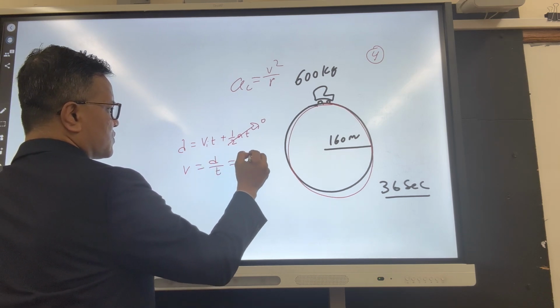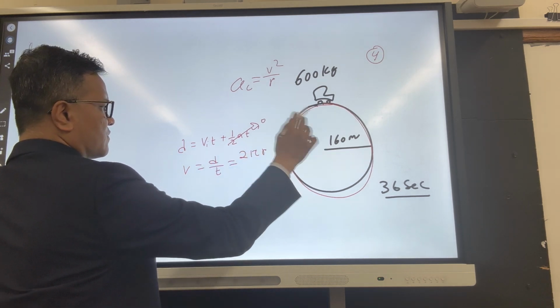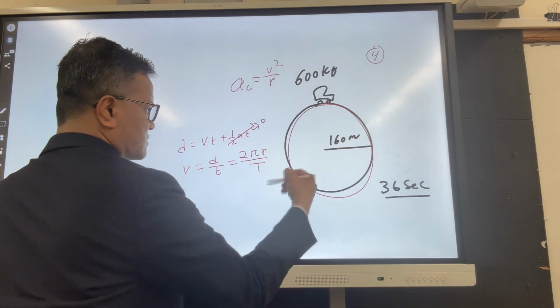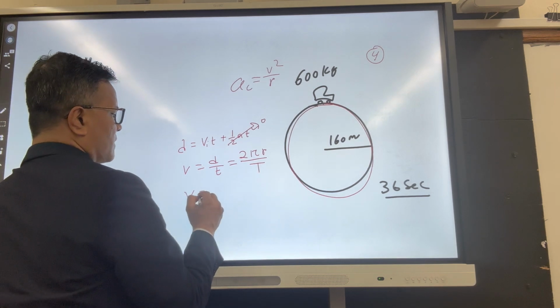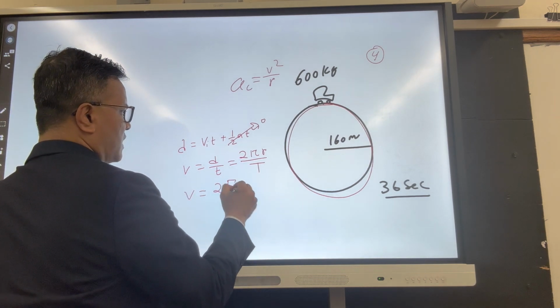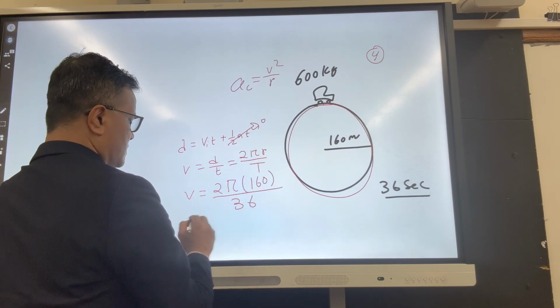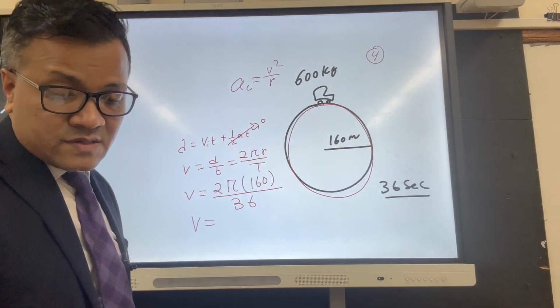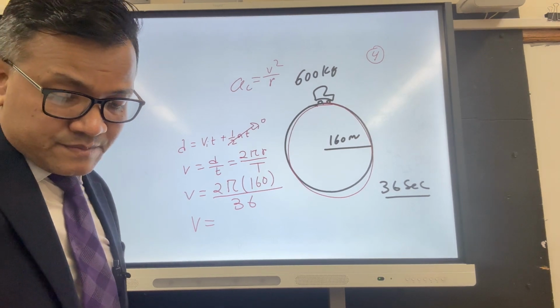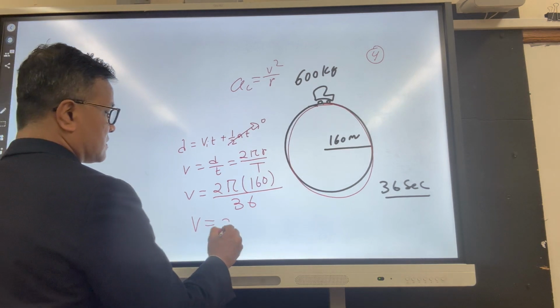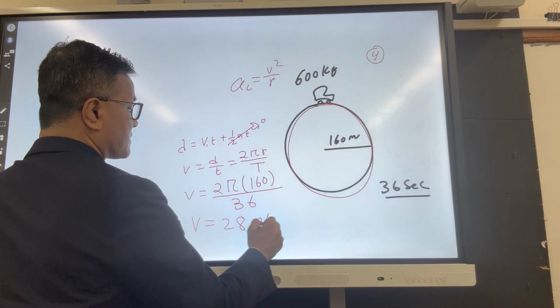So distance is 2 pi r, the circumference, over the time it takes to complete one loop. So velocity is 2 pi r, r is 160, time is 36. So the velocity is 28 meter per second.